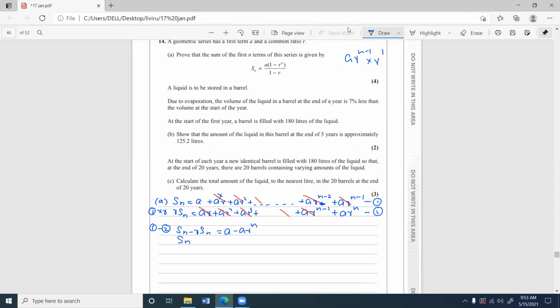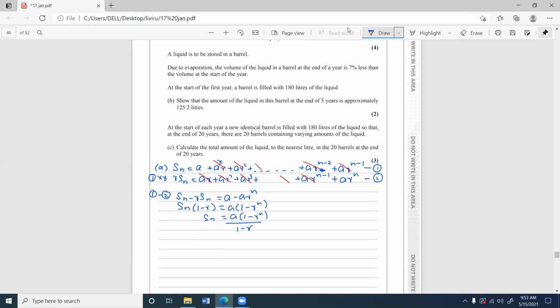Then I'll take Sn out: Sn times (1 minus r). From here, you can take a out: a times (1 minus r to the power n). With that, you can write Sn equals a times (1 minus r to the power n) divided by 1 minus r. That's a way of proving this theorem.